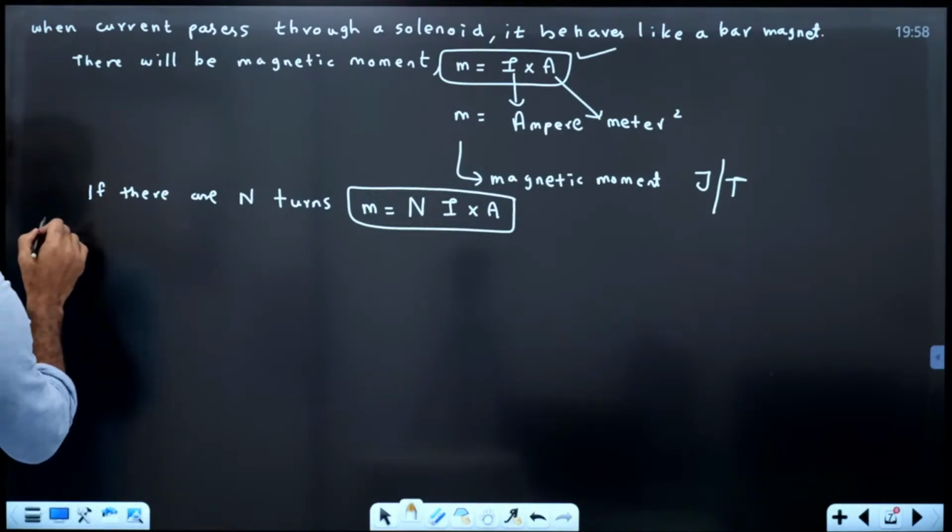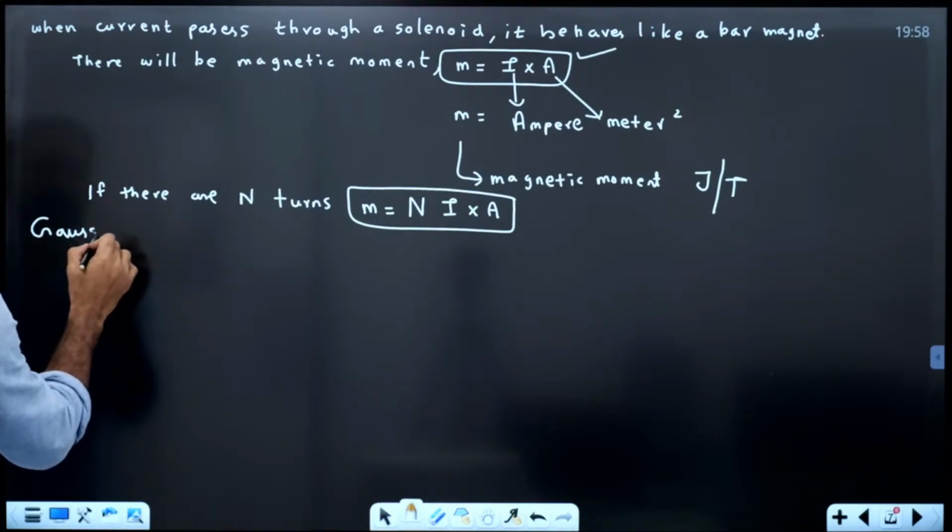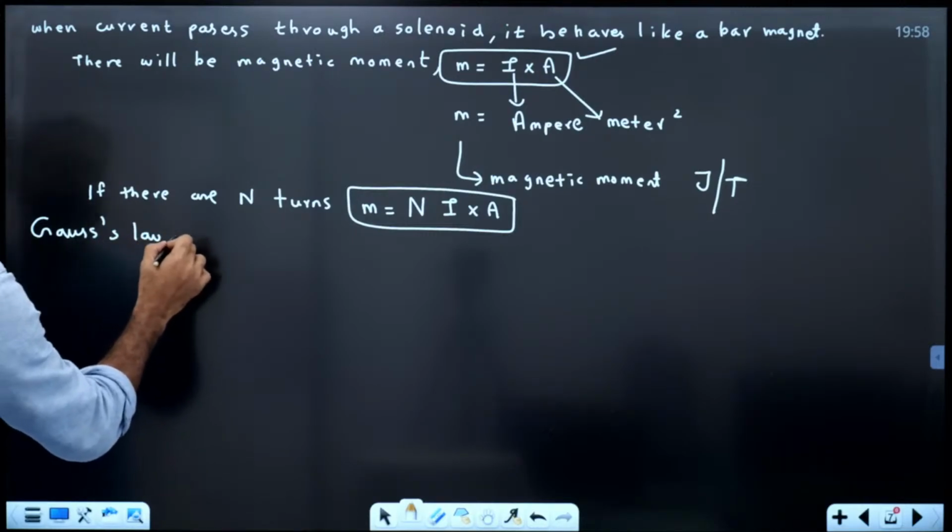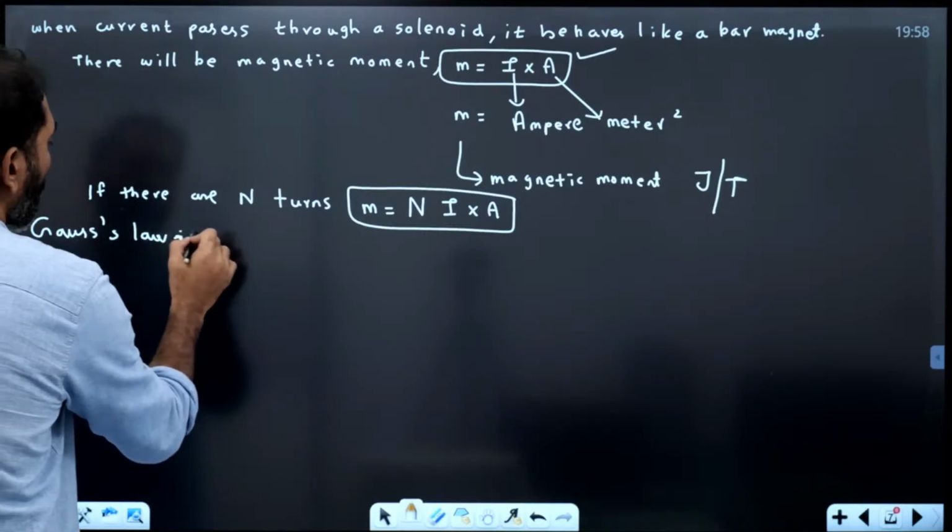Now, Gauss's law in electrostatics. I am just repeating that.